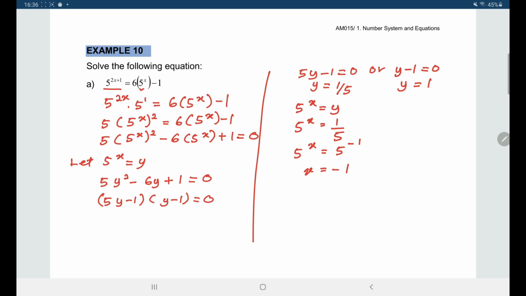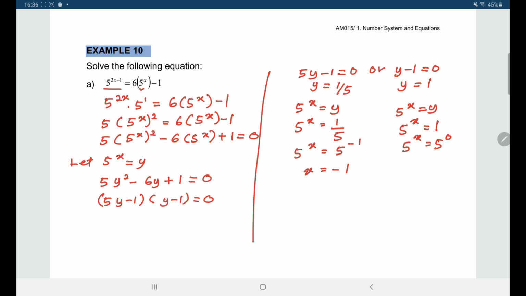Okay, then for y equals to 1, 5 power of x equals to y, so 5 power of x equals to 1. So 5 to the power of x equals to, as we know, 1 is 5 to the power of 0.